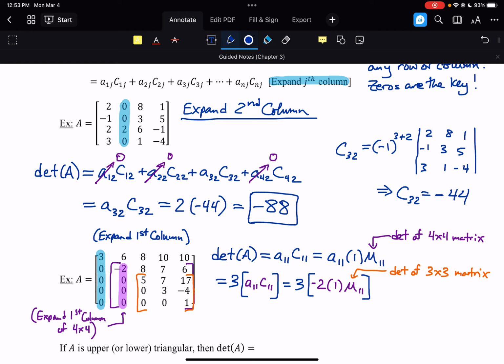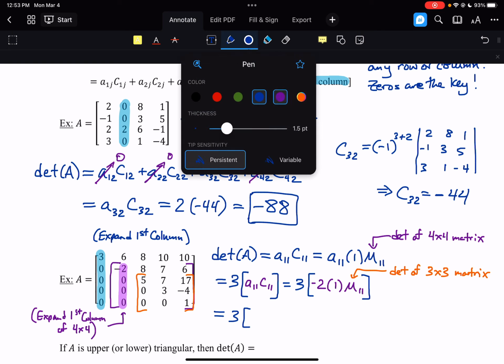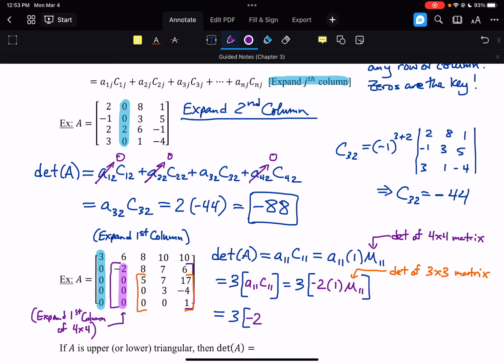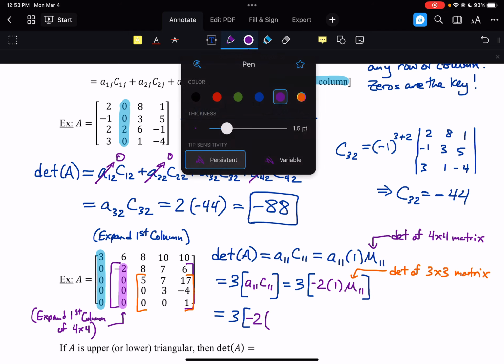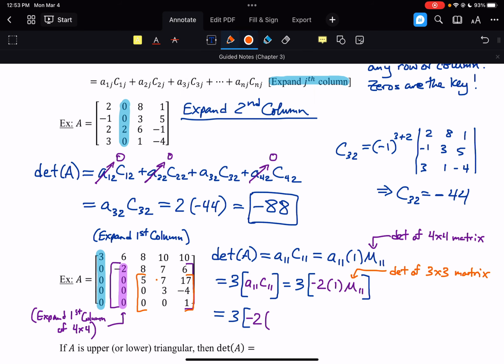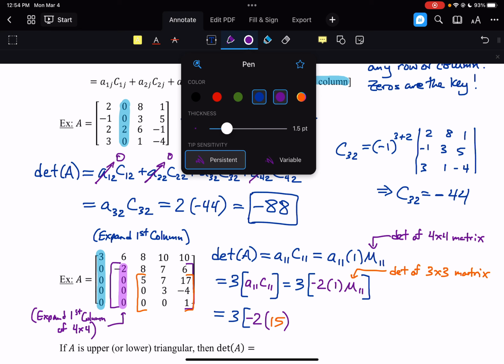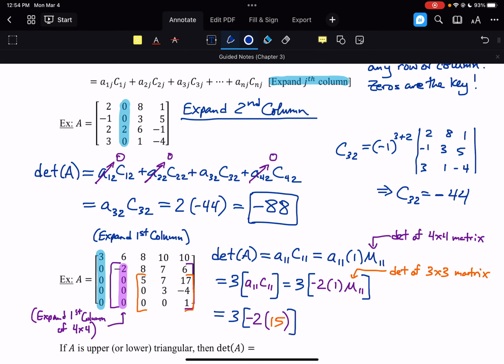So we get 3 times -2 times, if you were to compute the determinant of this 3 by 3, you would see that it gives you 15. And thank you for bearing with my color coding here.